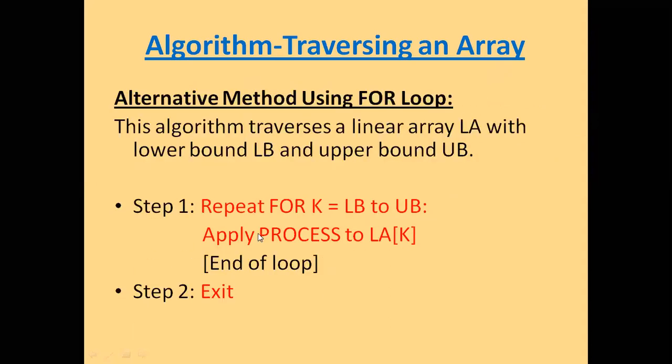But here in one step, repeat for k is equal to lower bound to upper bound. So what is the initial condition? Initial condition यहाँ पे set हो गई k is equal to LB. And the condition is that it should move from lower bound to upper bound.